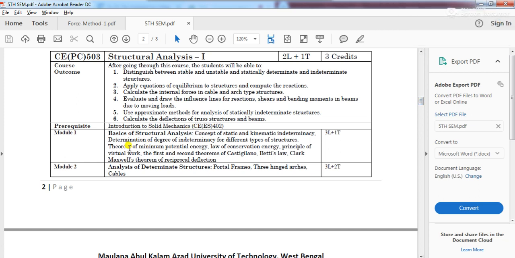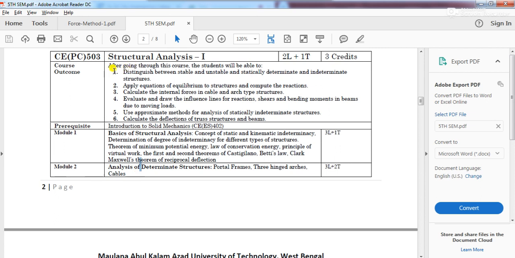The syllabus will be the full module 1, the basic structural analysis concepts: determinacy, indeterminacy, static indeterminacy, kinematic indeterminacy, everything for different kinds of structures. Then theorem of maximum potential energy, Betti's law, Castigliano's theorem, virtual work, all these things will be there. Along with that there will be module 2, analysis of determinate structures, only up to the portal frame, no 3-hinged arches and cables.